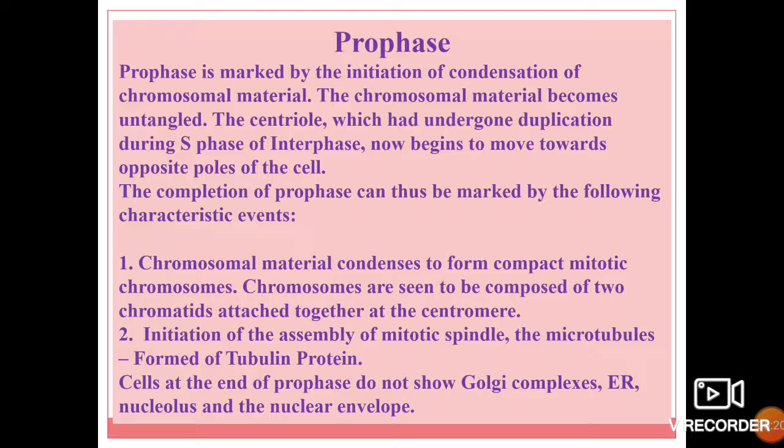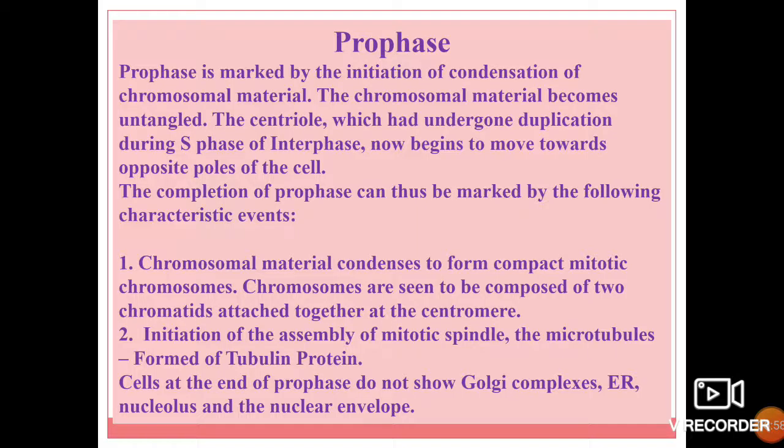By late prophase, the nuclear membrane and the nucleolus begin to disintegrate, and the two centrioles so formed start moving towards the opposite pole in the equatorial direction. That gives an impression that the entire cell is trying to reorganize and do something which is different from its normal physiological function.